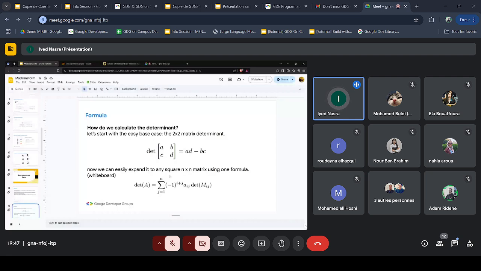Removing this and this, leaving us with the 2, 1, 4, 1. And these two are equal, of course. They are both the determinant of this big matrix, or this 3 by 3 matrix.